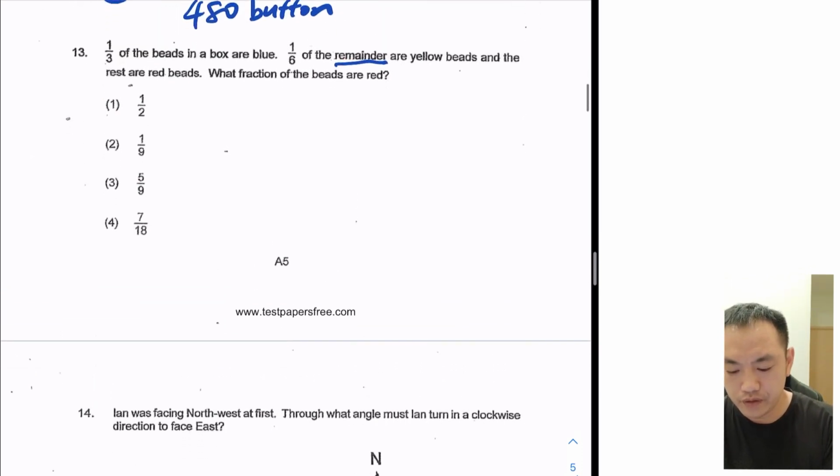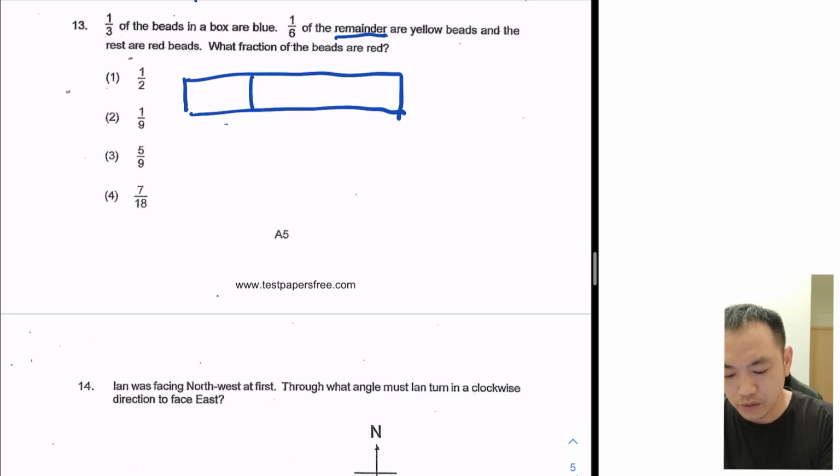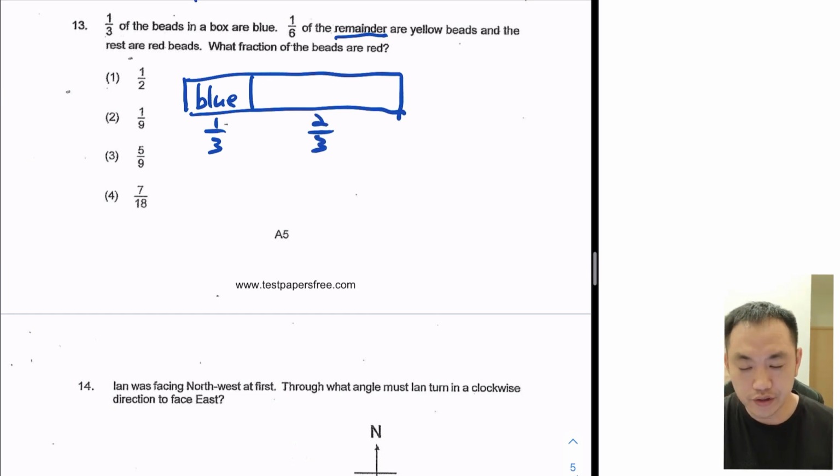One-third of the total beads is blue. So if this is 1/3, here are 2/3, right? So 2/3 is the remainder.